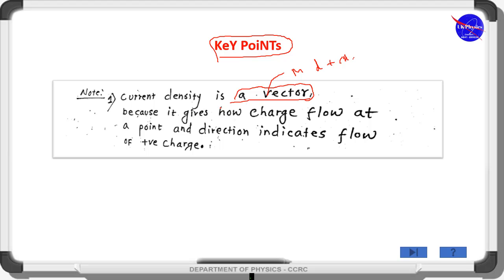So the current density itself has a magnitude, there is no doubt. It also has a direction, and it also obeys vector algebra. Remember this concept. The magnitude of the current density gives how charge flows at a point, and the direction of it indicates the flow of positive charge.